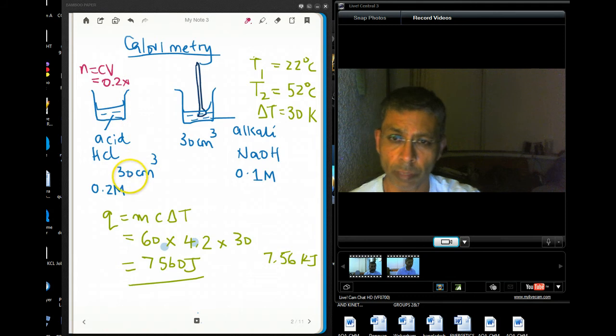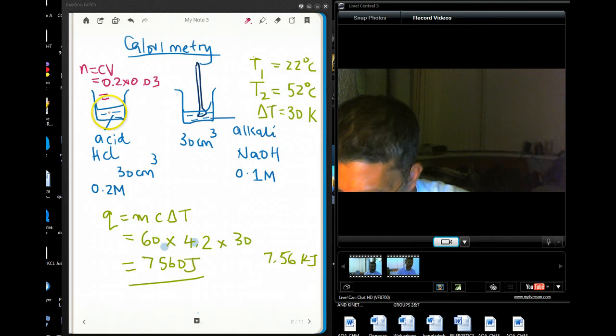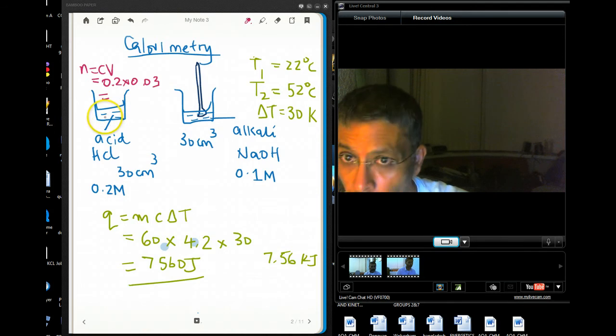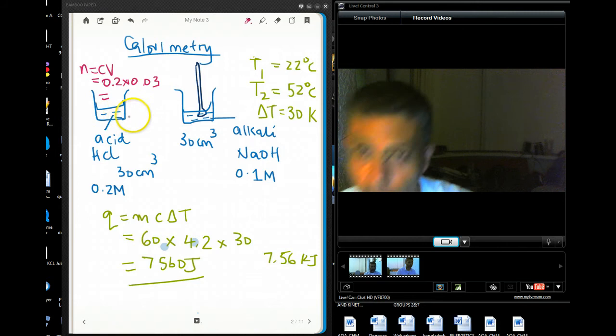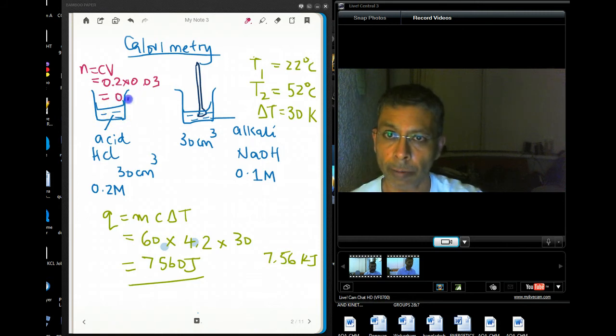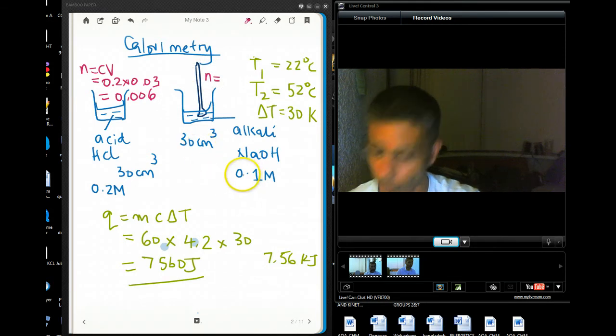So divide the 30 by 1000, which is 0.03. 0.2 times 0.03 is 6 times 10 to the minus 3, 0.006 moles.